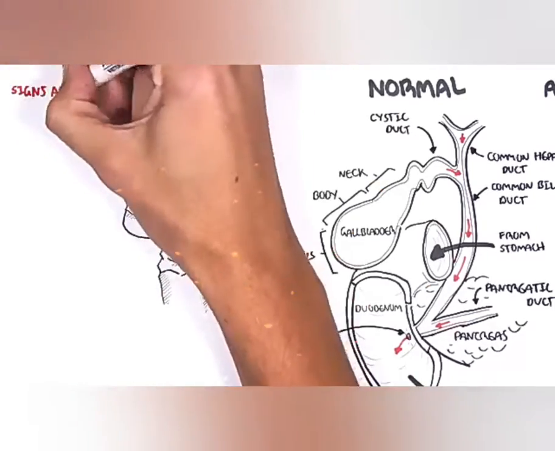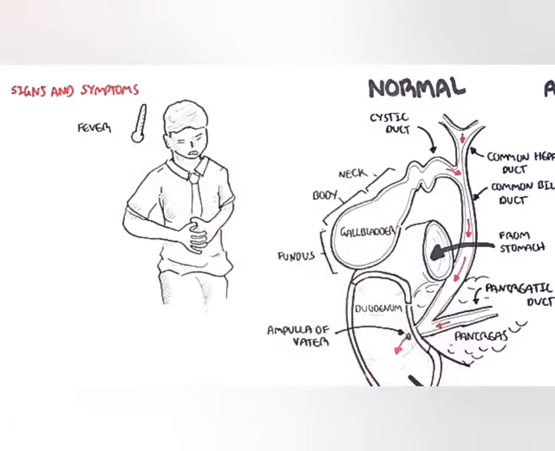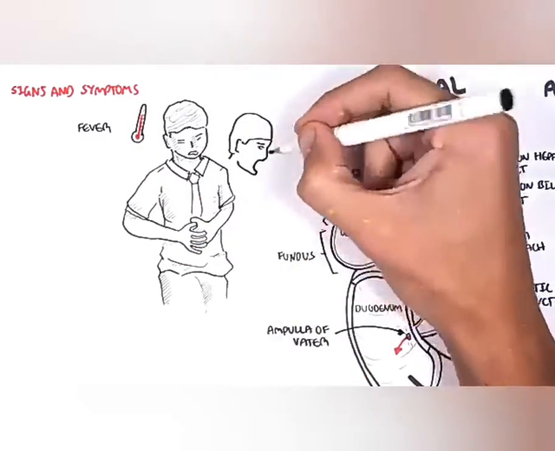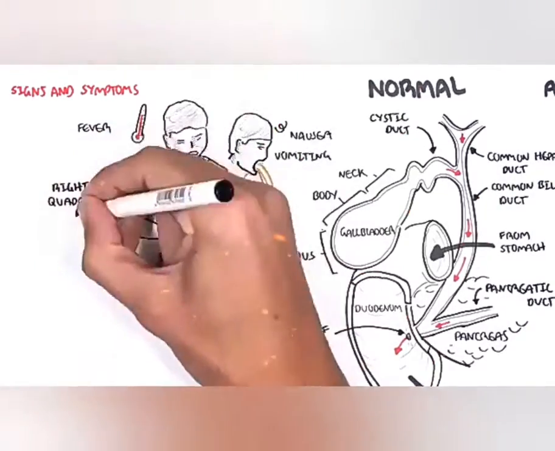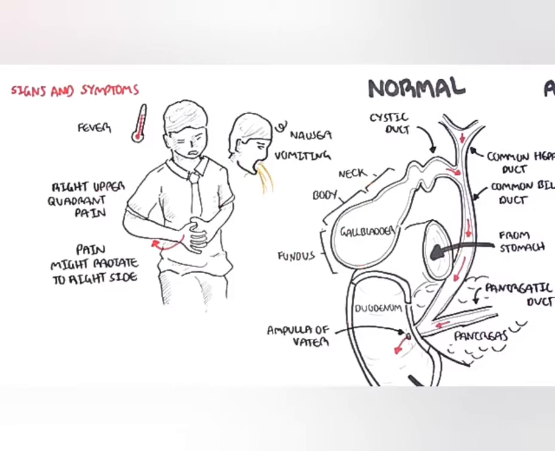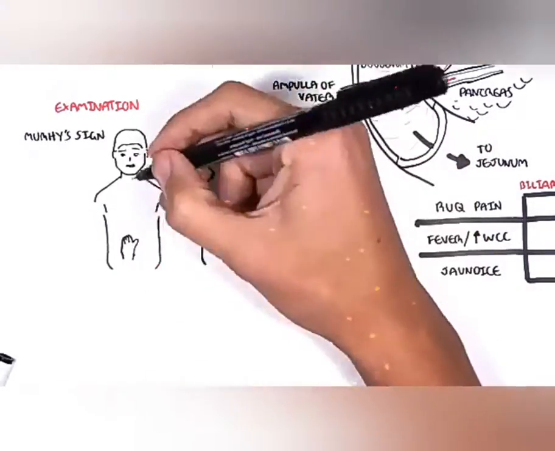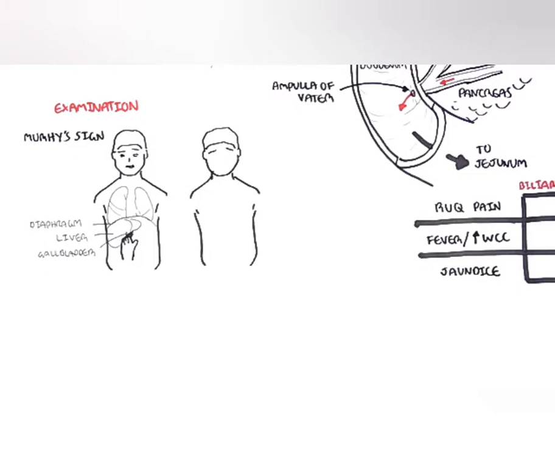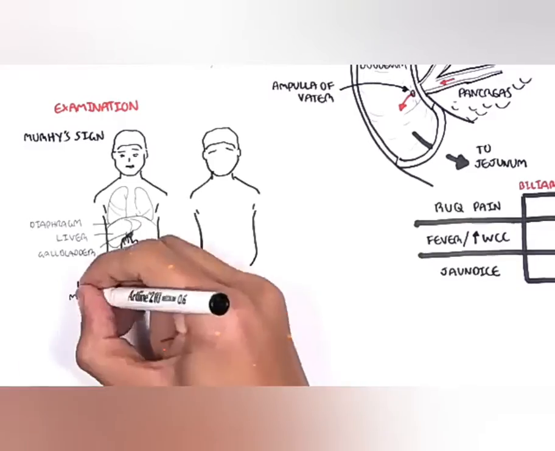So the signs and symptoms of acute cholecystitis specifically are fever, nausea, vomiting, right upper quadrant pain, pain which may radiate to the right side, the back. On examination, there is a positive Murphy's sign. Murphy's sign is where a hand is placed at the mid-inferior border of the liver.